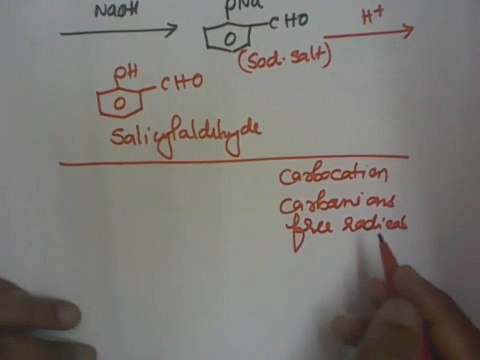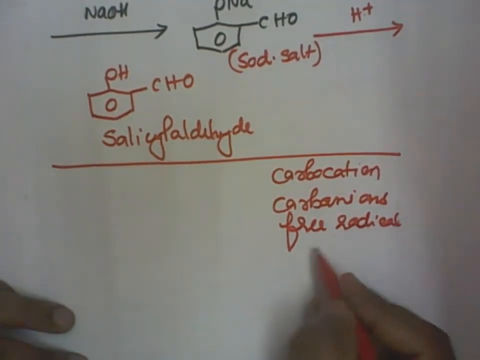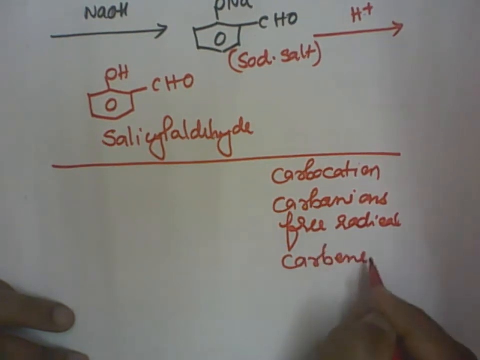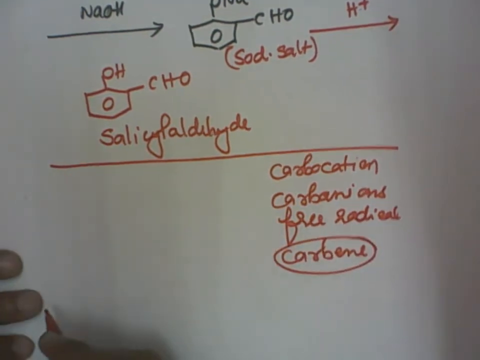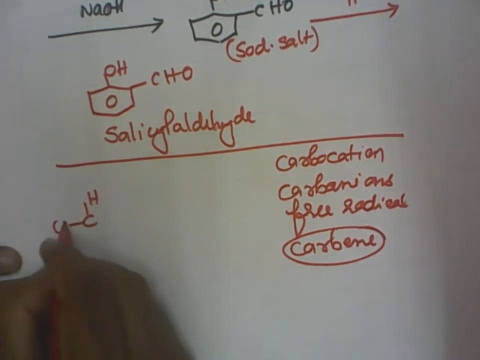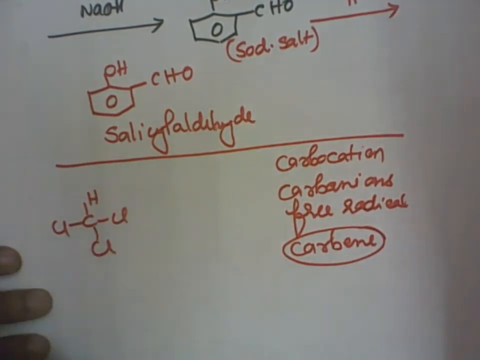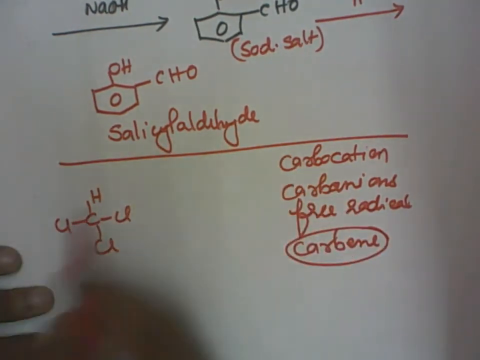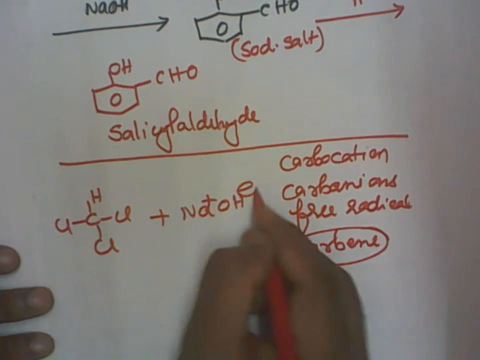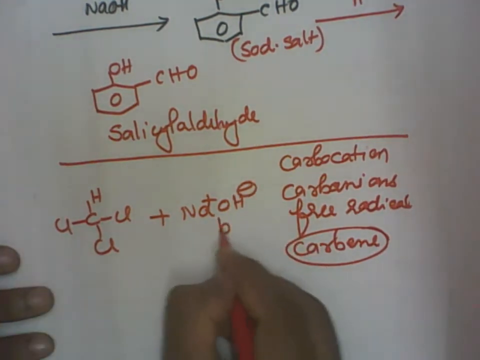There is one more intermediate known as the carbene intermediate, and the carbene is formed here. This is additional information. Chloroform, CHCl3, reacts with sodium hydroxide, Na plus OH minus. OH minus is a base here.